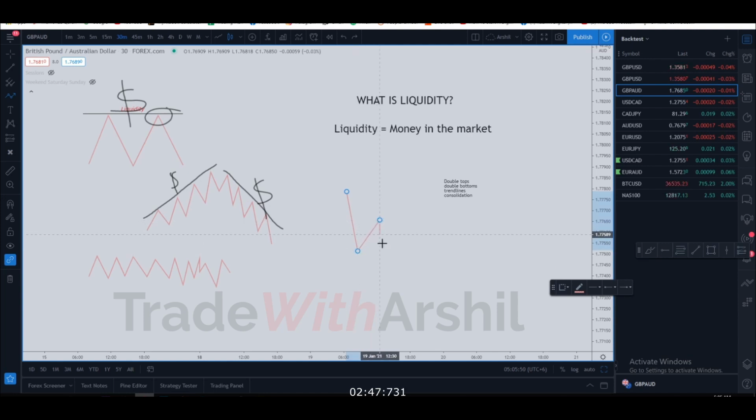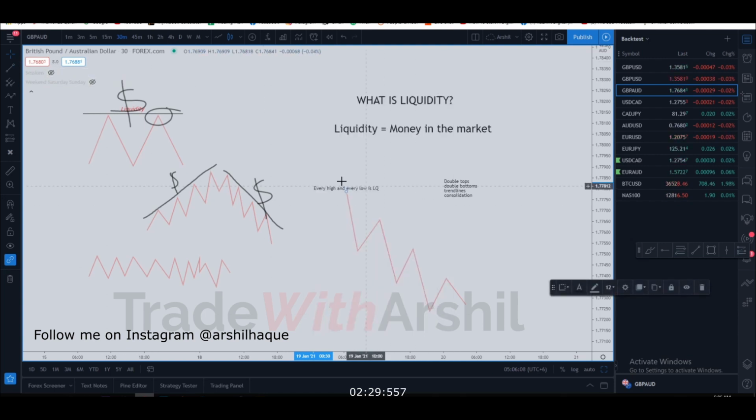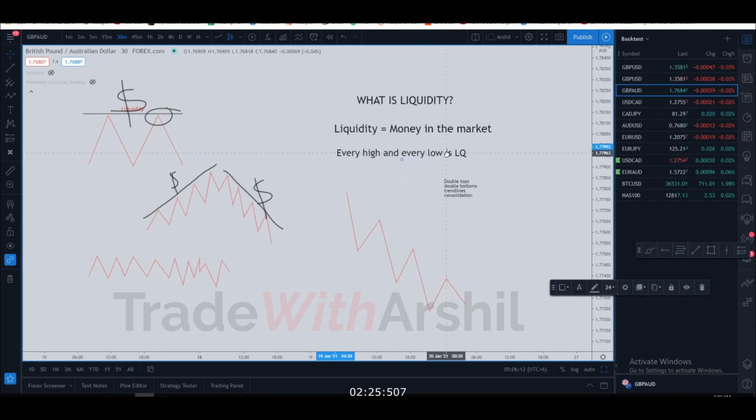Now the interesting bit is there's a fourth way I can show you what liquidity is. Say this is a downtrend. What's happening in here is that every high and every low is liquidity. We term it as LQ. As you see here, LQ. Every high and every low is liquidity. This is pretty simple to understand. Why?